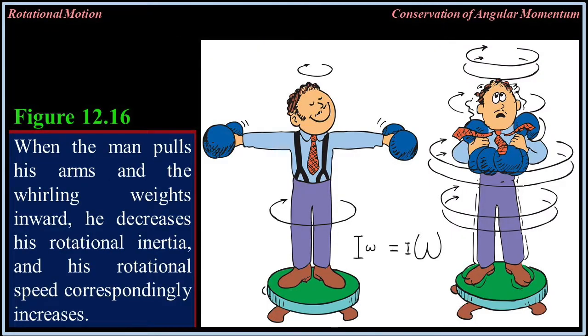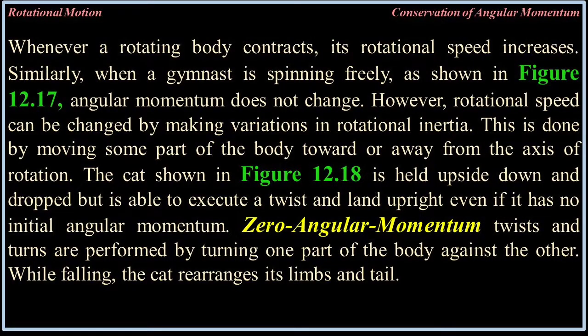Figure 12.16. When the man pulls his arms and whirling weights inward, he decreases his rotational inertia and his rotational speed correspondingly increases. Whenever a rotating body contracts, its rotational speed increases.